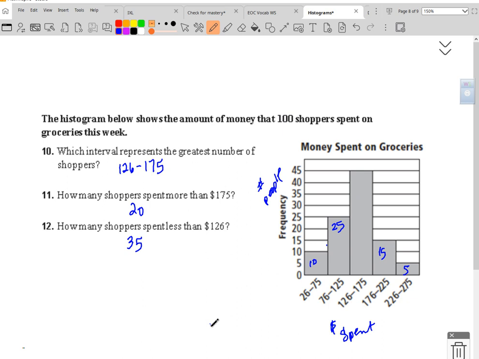Is there anything else that looks different on here? Except, let's look at number 11. You have to use intervals of 2 and there's decimals in that.